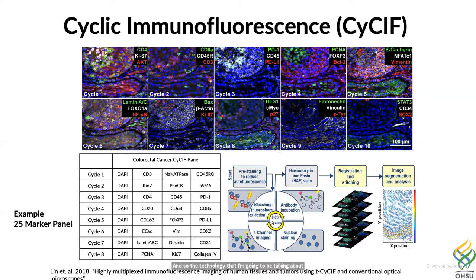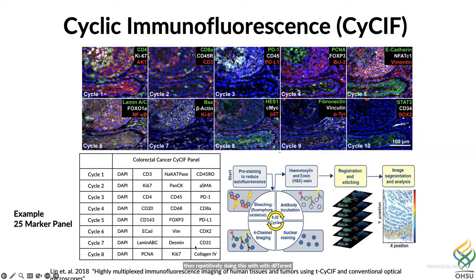This was a multiplex tissue imaging technology first proposed at Harvard Medical School. It involves an iterative cycle of 4-channel imaging, followed by bleaching to remove the signal, and then repetitively doing this with different markers each time.